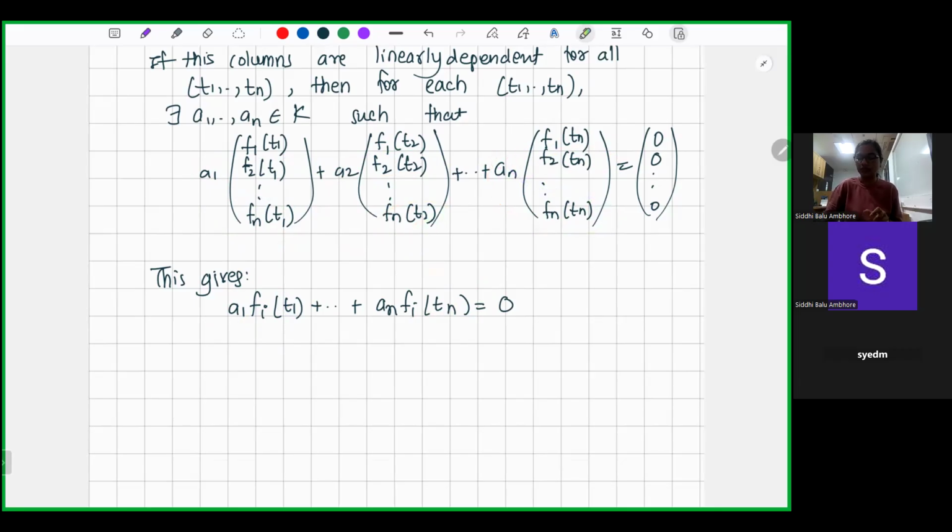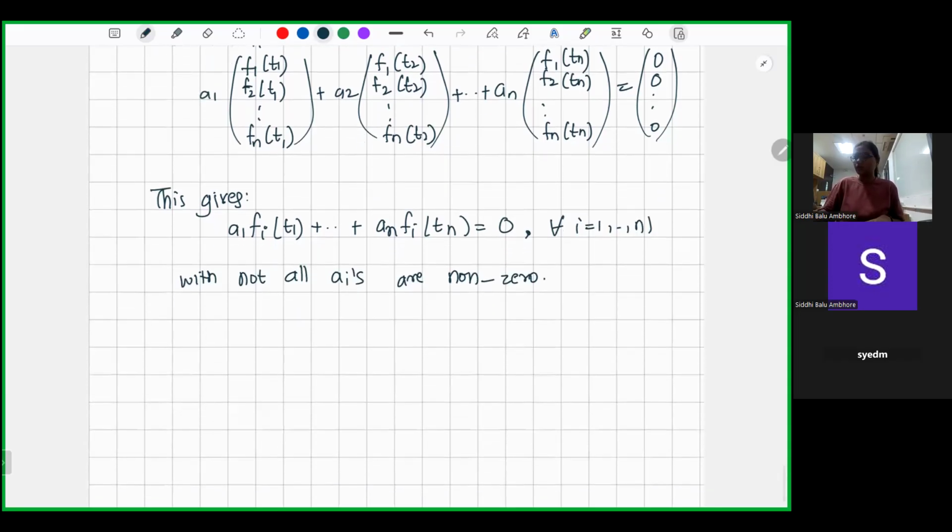So this becomes a system of equations like this for all i from 1 to n. There are n equations, one for each row, with not all Ais non-zero.